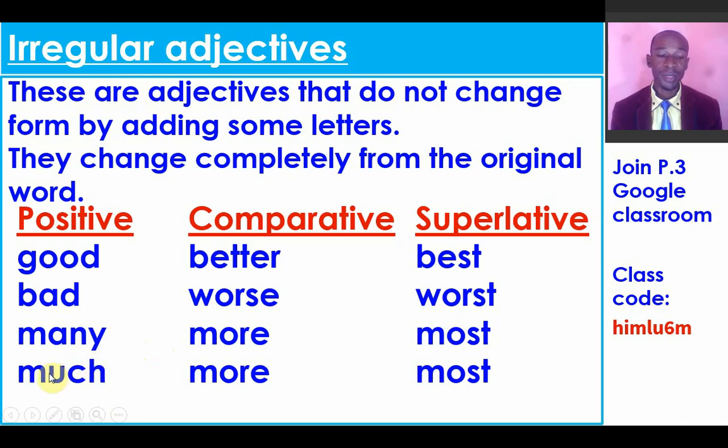But when I talk about water or sugar, I cannot count, so there I use much. I say, put much sugar in my tea, or use much water. That's why they have the same form when it comes to comparative and superlative, because they mean the same, only the use changes.